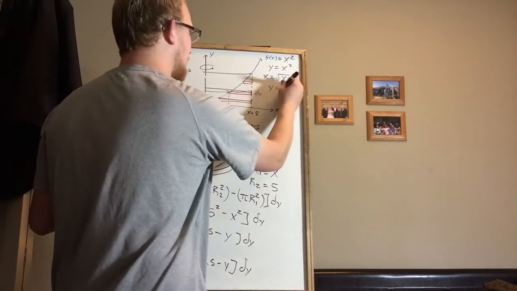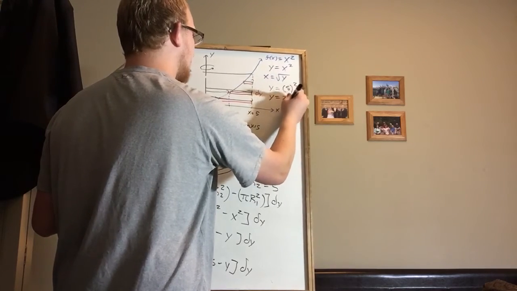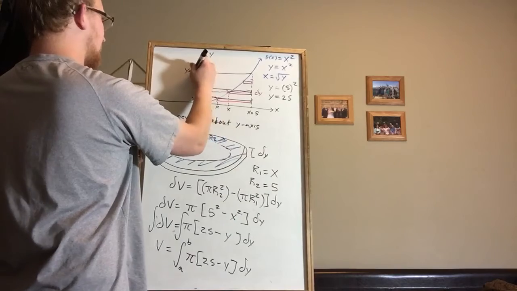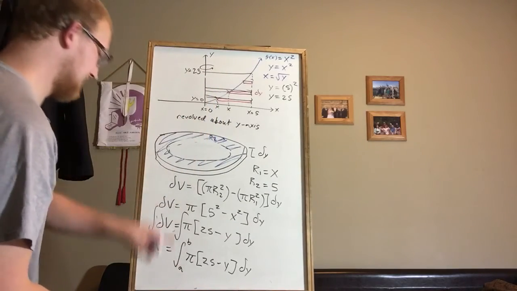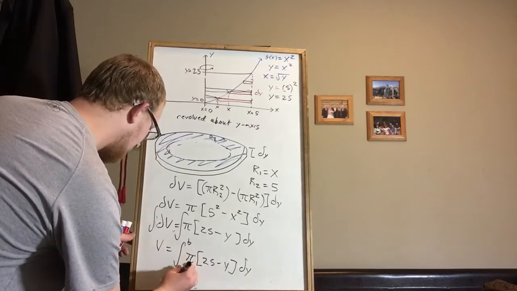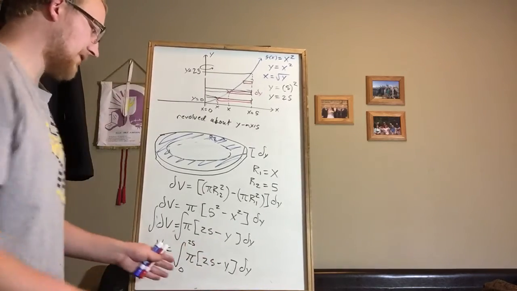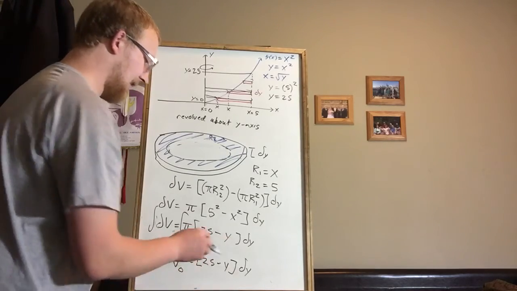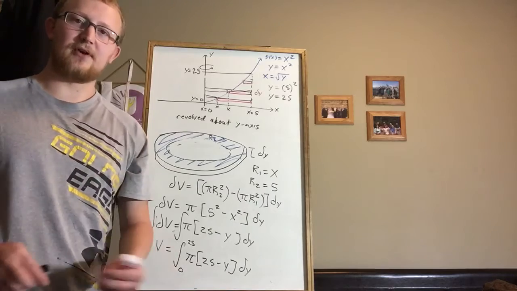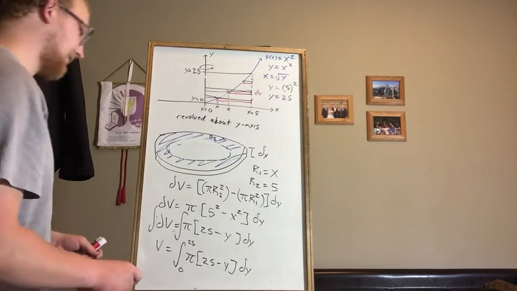Well, x is 5. y equals 5 squared, so therefore y equals 25, which means that our upper bound is 25. And now we know that our lower bound is 0, and our upper bound is 25. At this point, the integration isn't all too bad. You've got a constant value and a variable value, but it's just going to be a reverse power rule that you're going to use to integrate this.